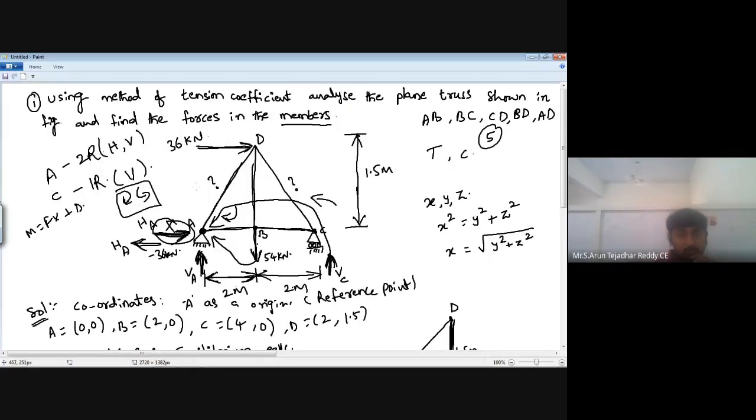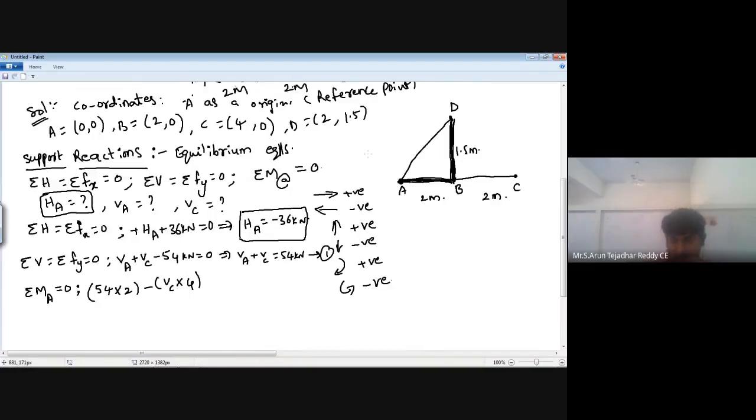And one more force is acting, that is 36 kilonewton, moving from D to A, in this direction, that is clockwise direction. So take positive with perpendicular distance 1.5 meter: plus 36 into 1.5 is equal to 0.